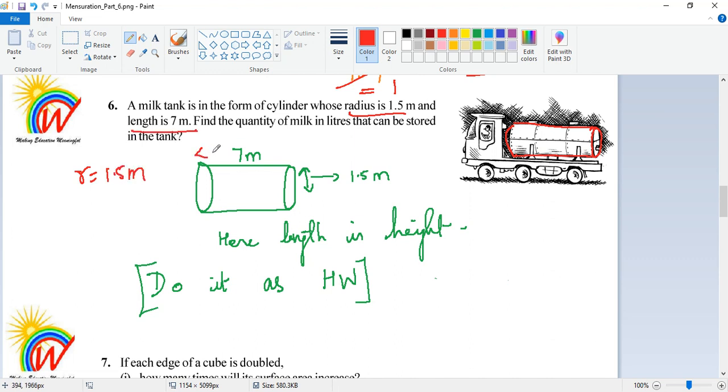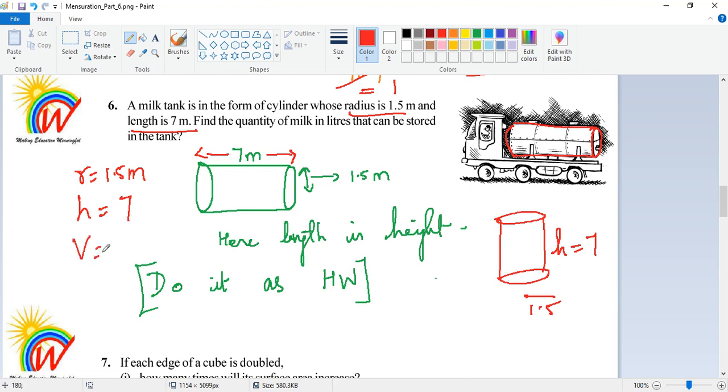This length, if you consider the cylinder to be standing, turns out to be your height. So radius is 1.5 and height is 7. Then you just have to find the volume. V is what you need to find out. Use the formula you have learned so far and do this as homework.